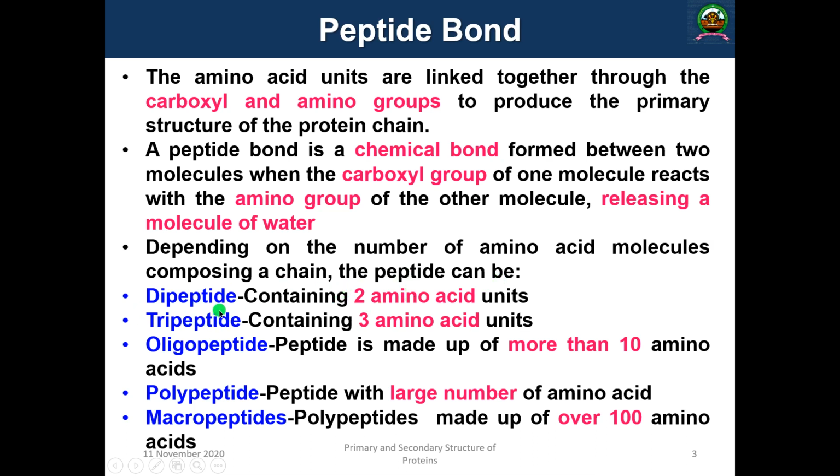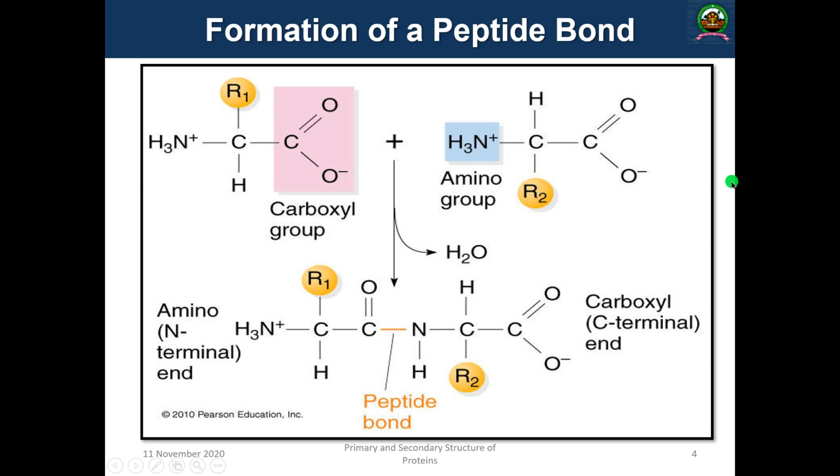Tripeptides consist of 3 amino acid units and 2 peptide linkages. Oligopeptides contain more than 10 amino acid residues, I told you less than 30 and more than 10. Polypeptides are proteins with a larger number of amino acid residues. And macropeptides consist of more than 100 amino acids. So this is the overview of the peptide bond.